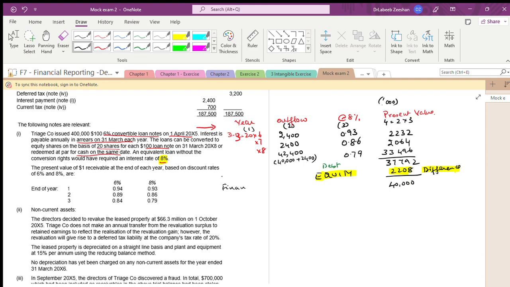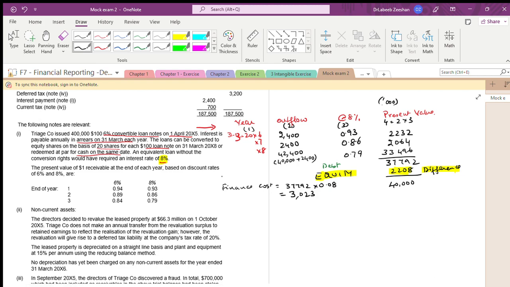Finance cost will be 37,792 times the rate of interest, 0.08. It comes to 3,023.